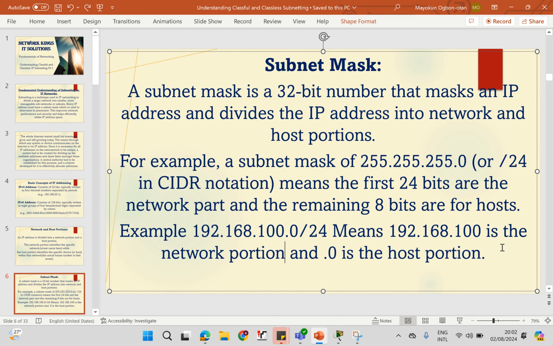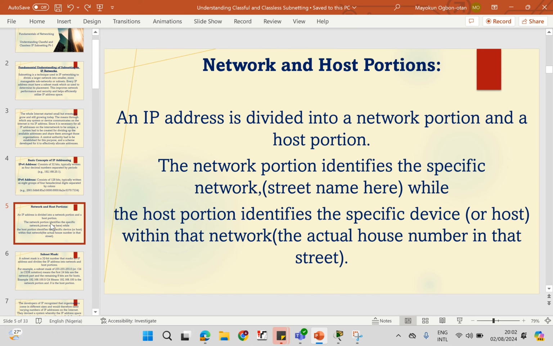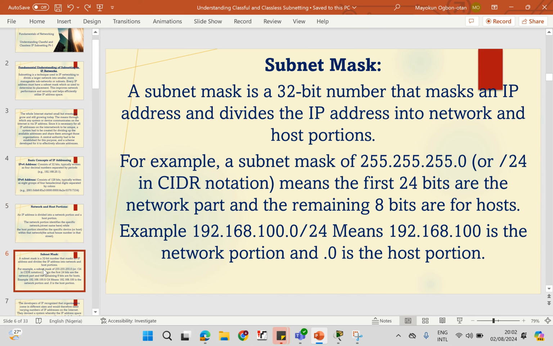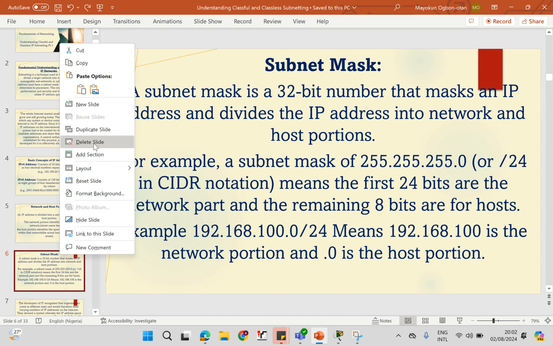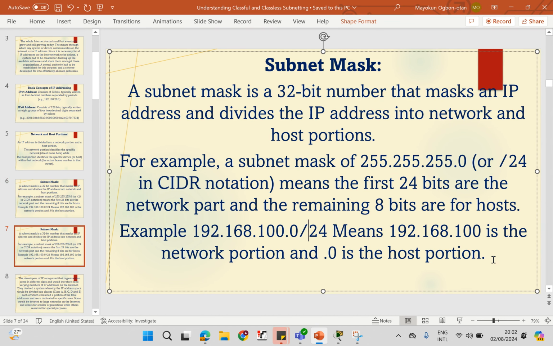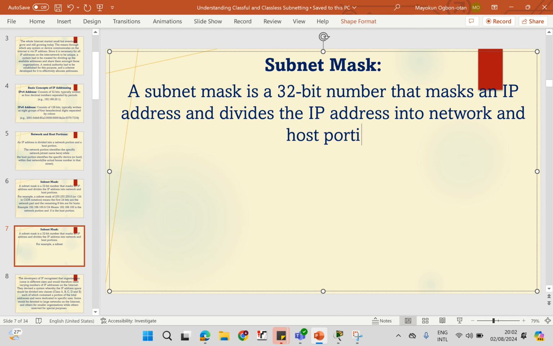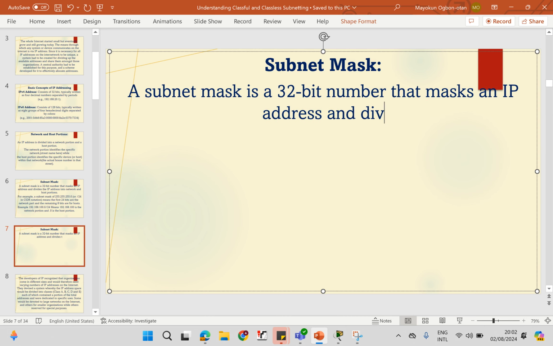Yes, sir. Okay, I'm going to explain something shortly. Once you see the subnet mask, I want to duplicate this and then clean it, so that you will get what I am explaining now. Just give me a moment. Can you see my screen, please?